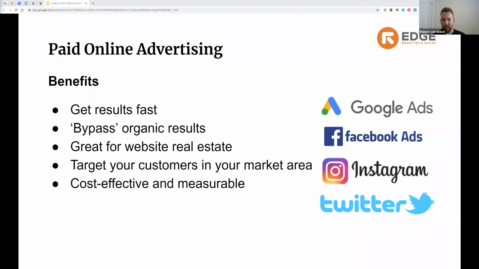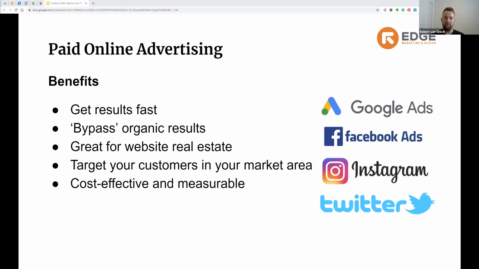But with Google, you can again bypass all that and say, you know what, I only want my ads to show for particular keywords, let it be plumbing near me, or plumbing services, or plumbing company, or plumber Red Deer, for example. I only want them to show in Red Deer, so my ads only show there. So it's a great tool to be very direct, and people who are searching for you will right away see your ad.